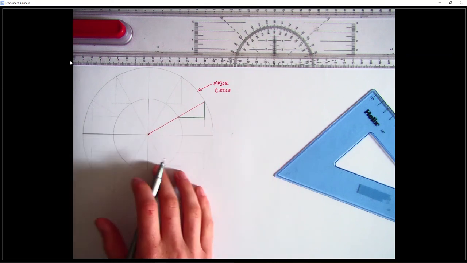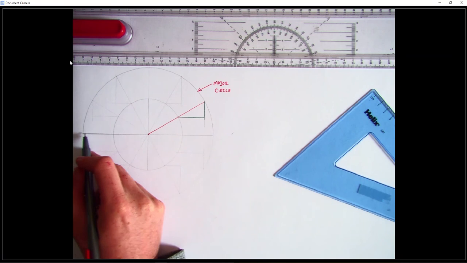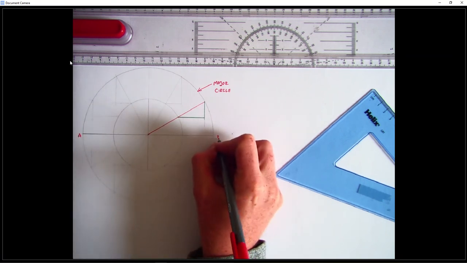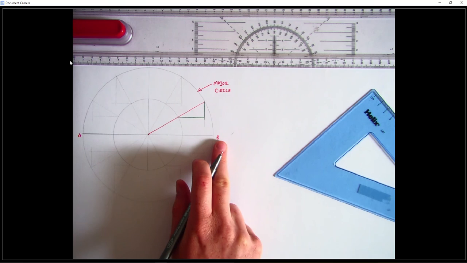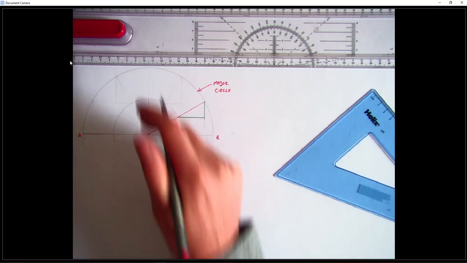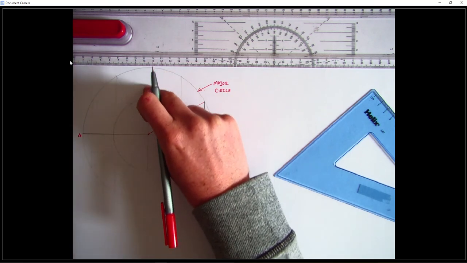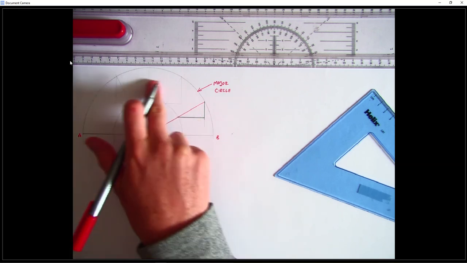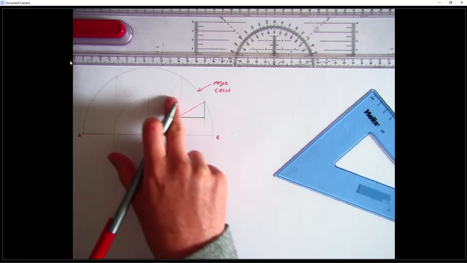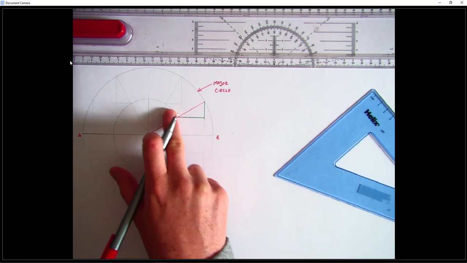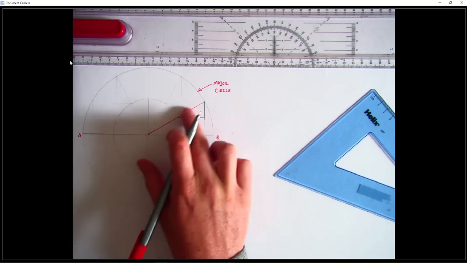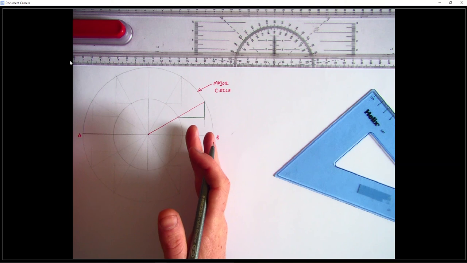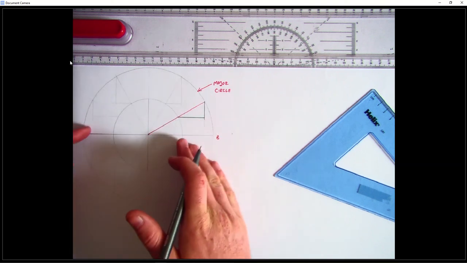We have two ways of looking at this now. This line here, I'm going to call A, B. This could be my major axis, and also a line coming down this direction could be my major axis. Essentially we have an infinite number of major axes in here, and depending what way we orientate our major axis will determine what orientation the ellipse is going to be.